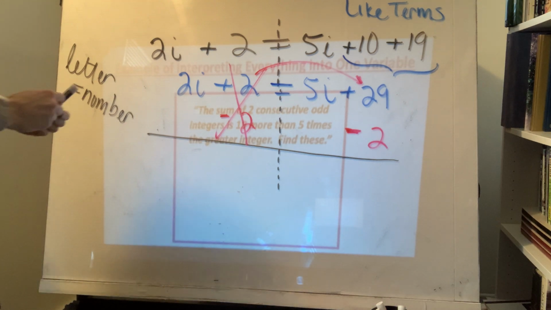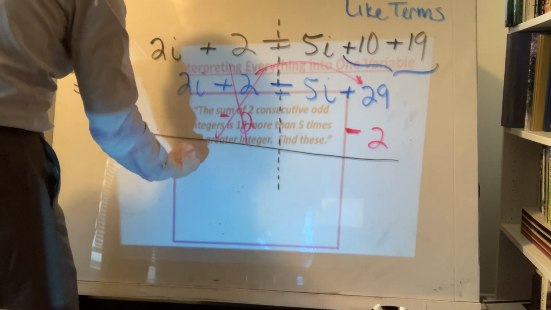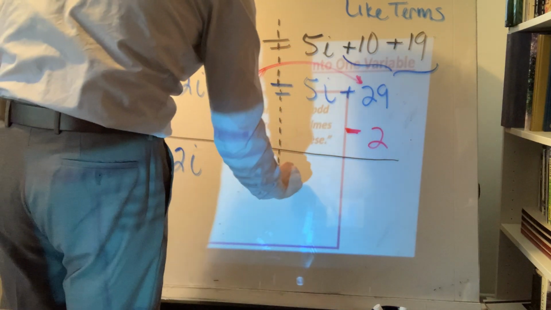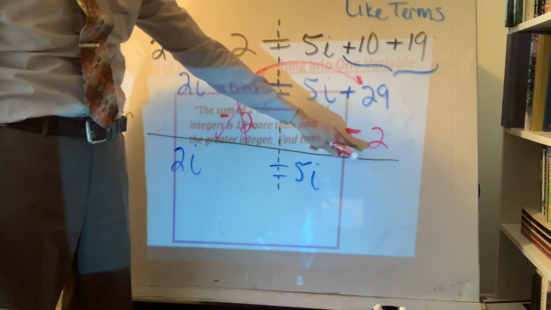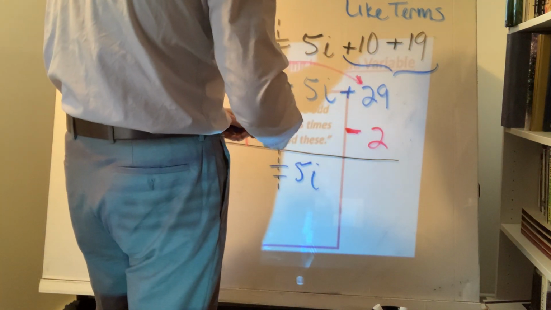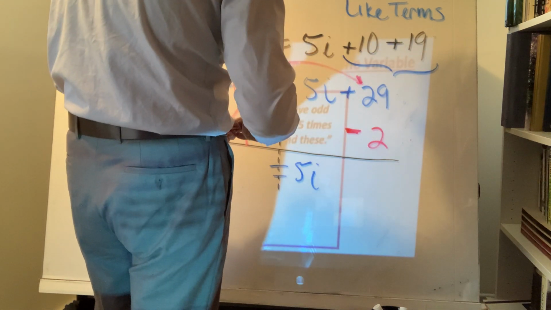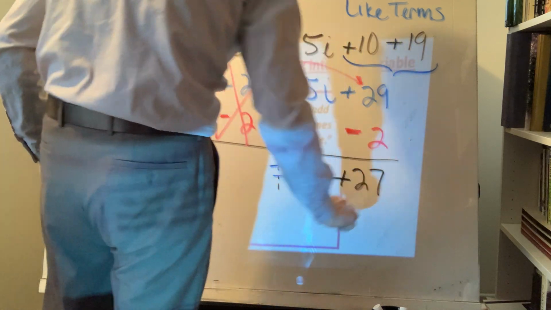Right? 2I is left over. 5I is left over. 29 minus 2 is, what is it? 27. So I'll be plus 27 here.